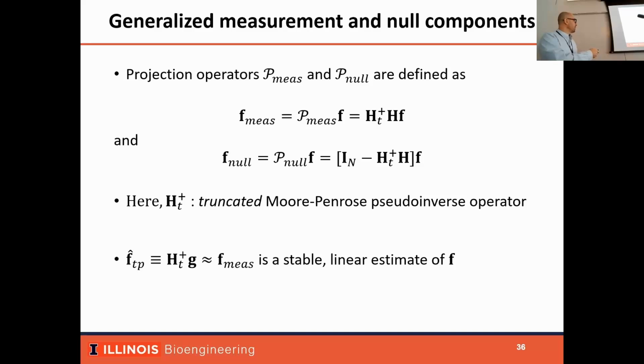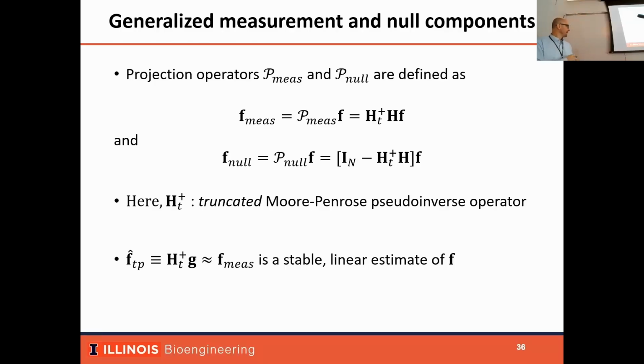The measurable component can be obtained by acting a measurable space projection operator on f, and that can be formed by taking the Moore-Penrose pseudoinverse H dagger, or a truncated version of it, H dagger T, if we're talking about generalized spaces, acting on H, acting on f. Similarly, for the null component, we can always pick off the null component of an object by acting a null space projection operator on f.